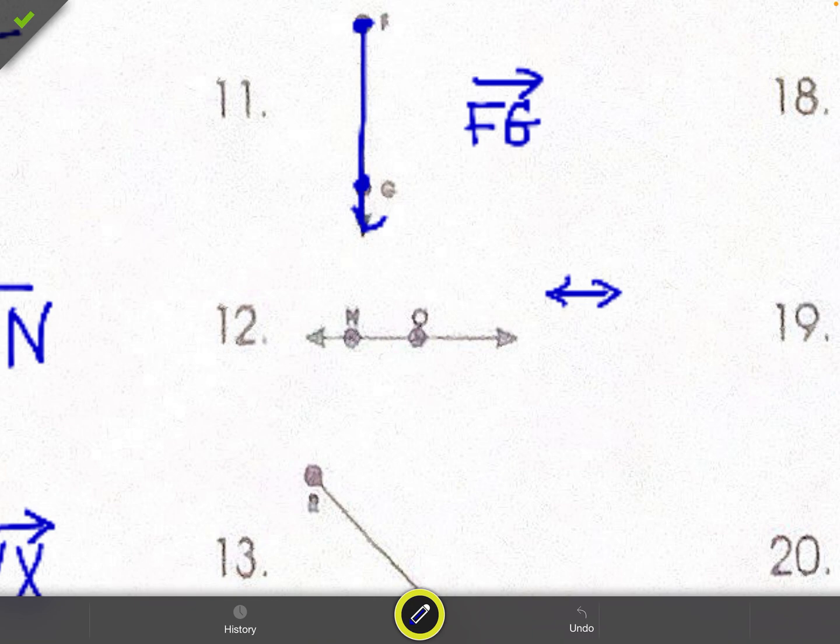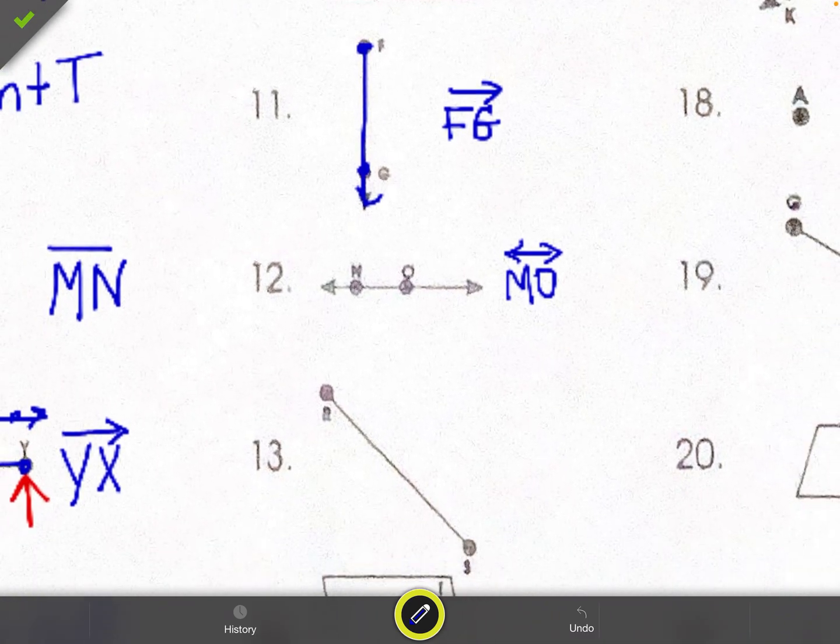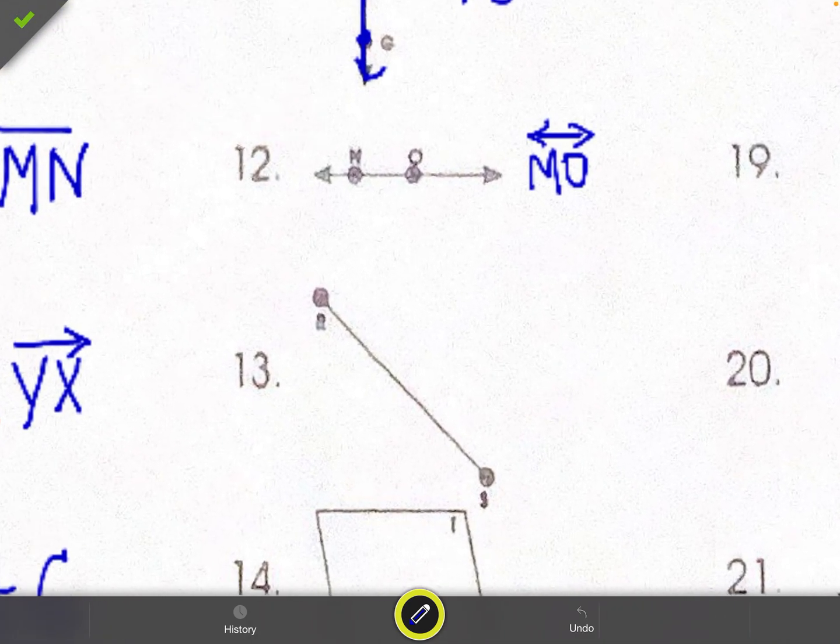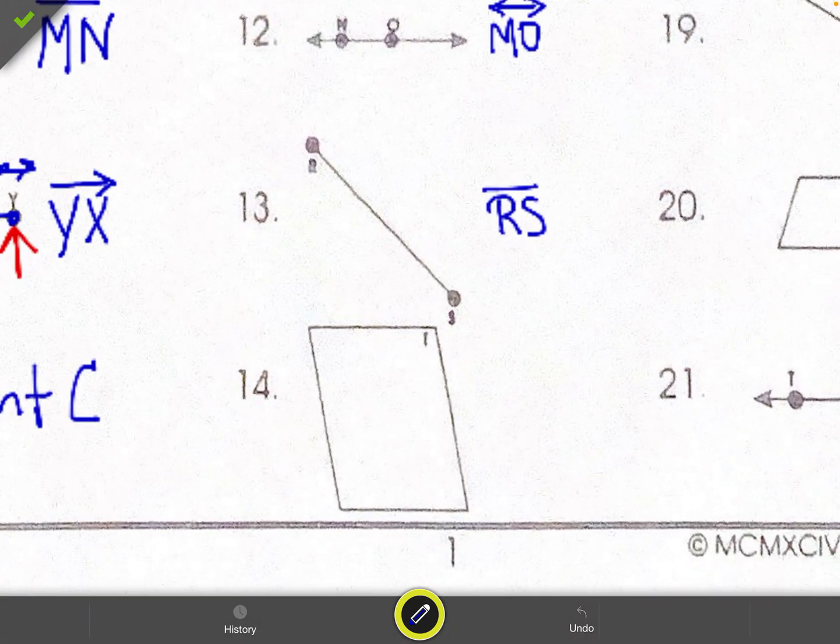I'm going to use these 2 points on my line, MO, or we could call it line OM. Number 13, it starts, it stops, segment RS or SR. Number 14, and I really can't even tell what that's supposed to be in the corner. So let's call it a T. We'll make it cursive. So plane, and again, you could use a symbol here, T.